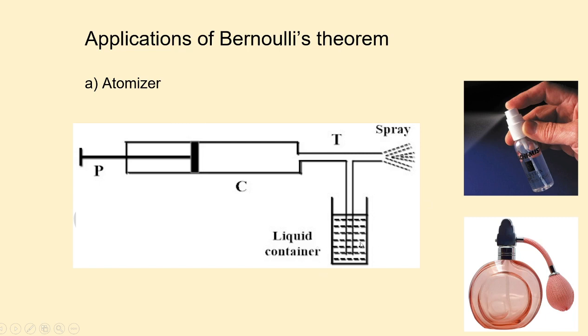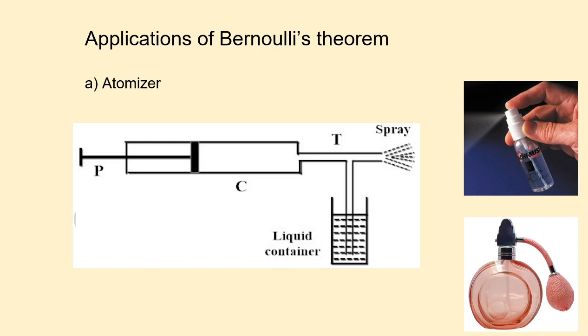So a small pressure difference created by pressing the spray piston will give a jet of liquid particles, or let us say atomized liquid. So this is the working of an atomizer. This is a daily application, isn't it?